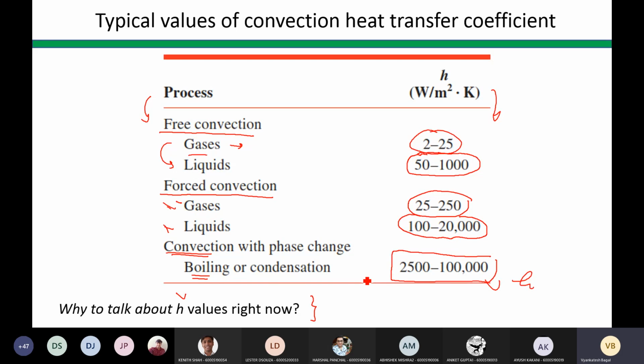So all other quantities of interest can be calculated if we know h. I repeat, the sole purpose of studying convection heat transfer is to find out the value of heat transfer coefficient h by any means. Now there are different ways by which you can find out this heat transfer coefficient h. Typically 5-6 methods are there. We'll talk about those methods when we start the module on convection heat transfer. Clear?